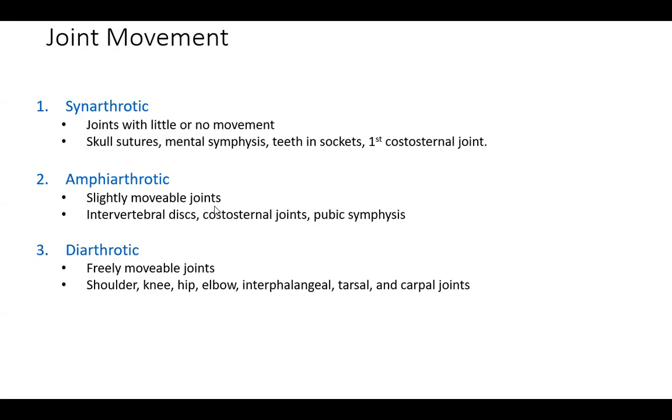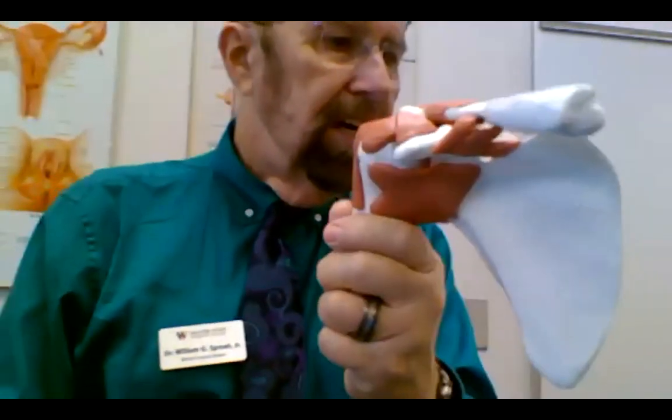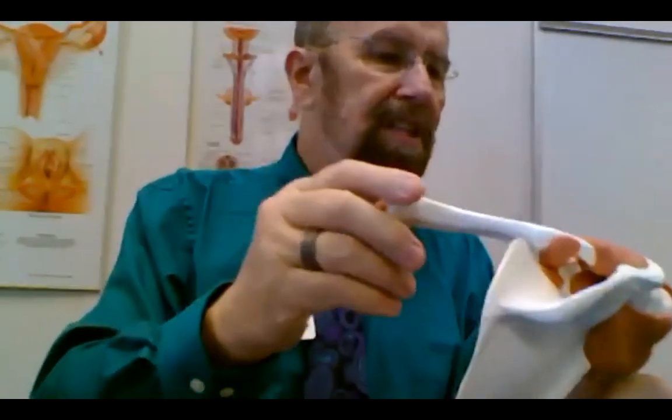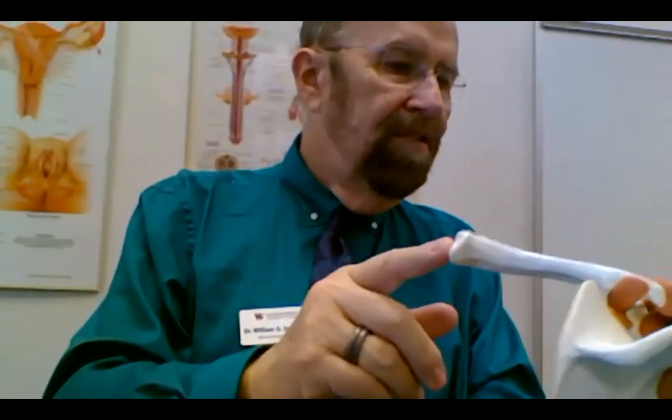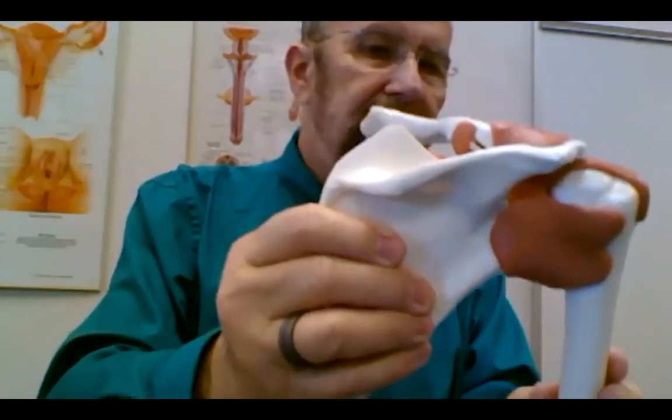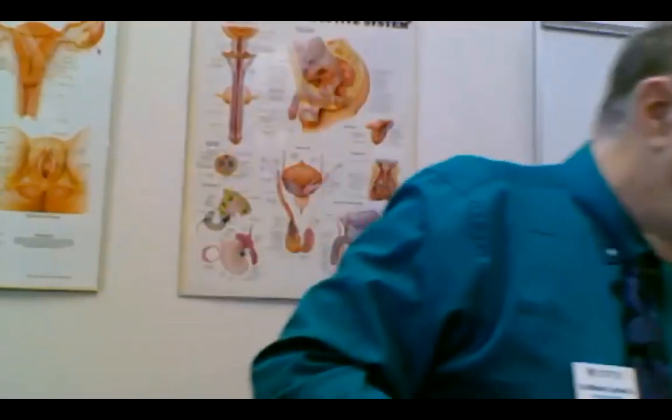In this model, which shows the connective tissue and muscles, here we have the clavicle, here's our scapula, and there's the humerus. This comes together to form the pectoral girdle, and gives us that free range of motion at our shoulder.